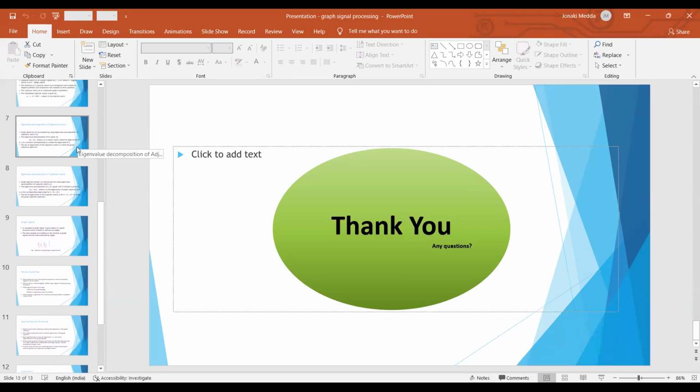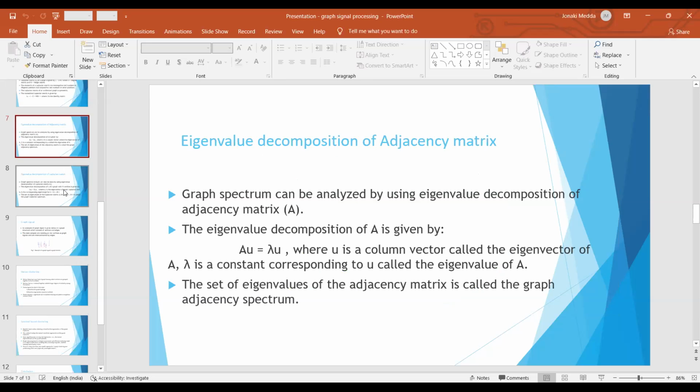I have one question. Do you know the common way to calculate the Laplacian matrix of the undirected graph?